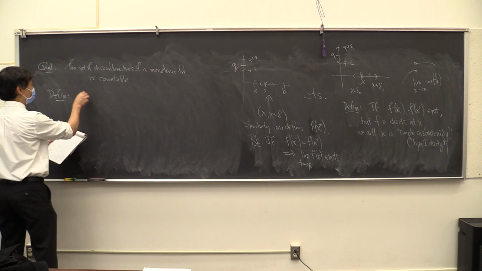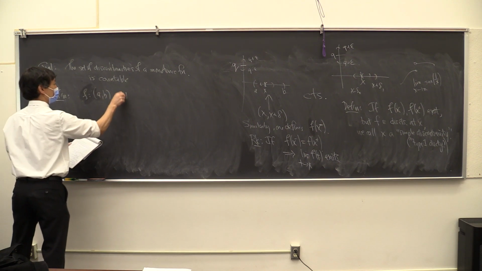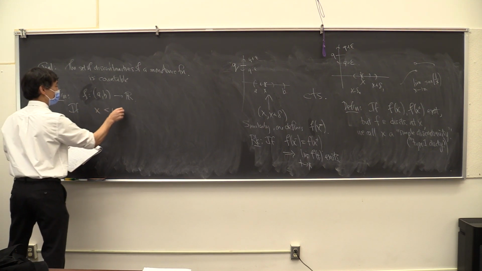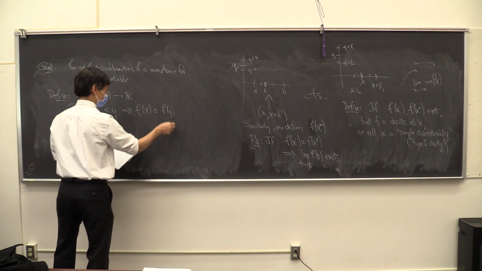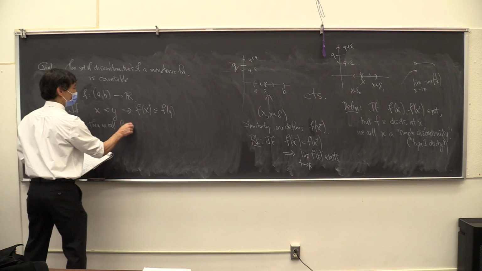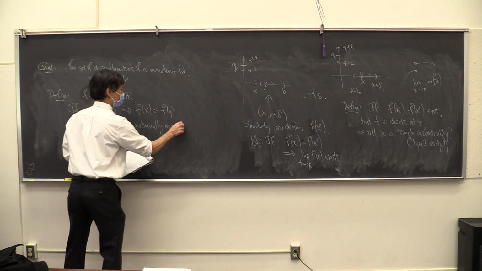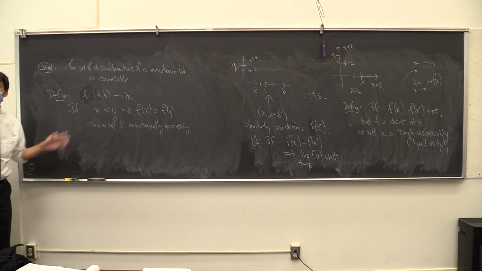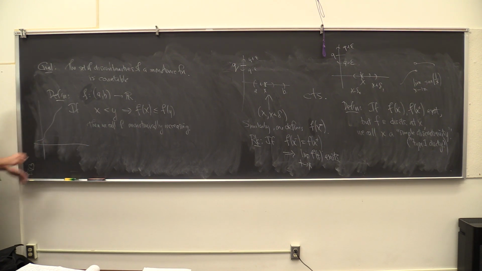Okay, so first off, again we have a function on some open interval. If x being less than y ensures that f of x must be less than or equal to f of y, that we call f monotonically increasing. Okay, so this is just what you would expect, right? We want to describe a function that increases.